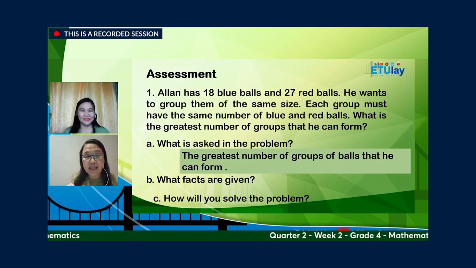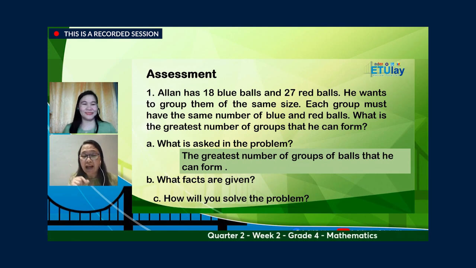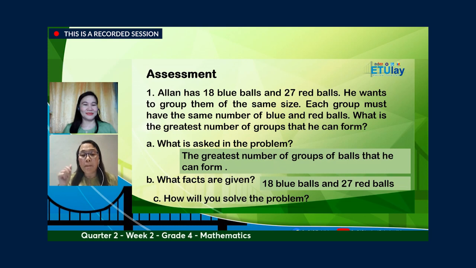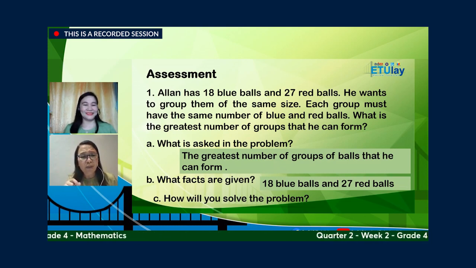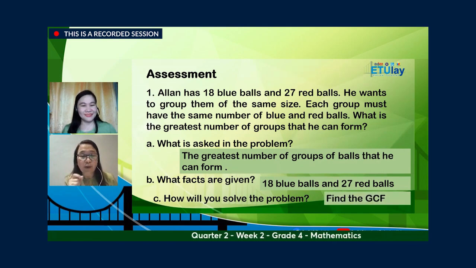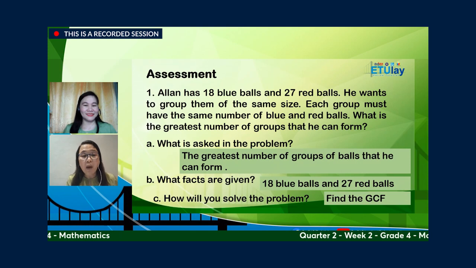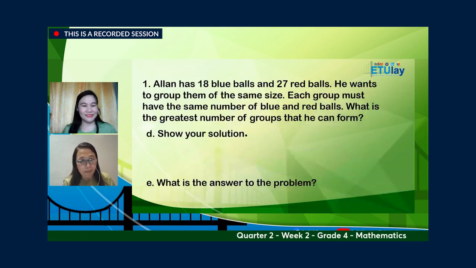What facts are given if you have there 18 blue balls and 27 red balls? Amazing, children. You got it right. How will you solve the problem? Okay, if you say you're going to find the GCF, okay, children, correct ang inyong sagot. But how are we going to solve the problem?